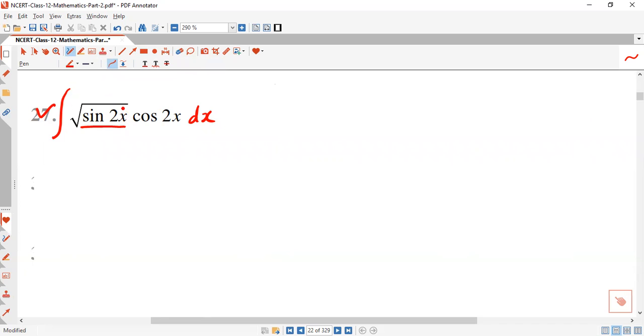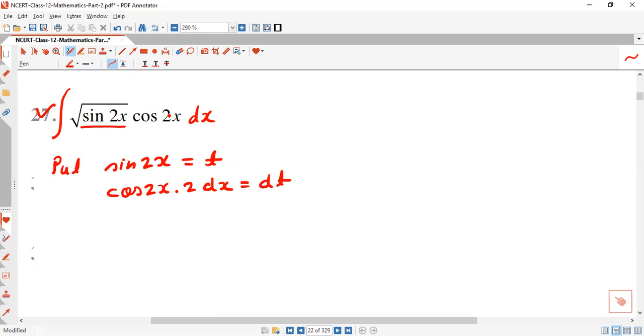So I will always substitute this part by something. We take sine 2x as a substitution: sine 2x equal to t. If you do the differentiation, you are getting cos 2x into 2 dx equal to dt.